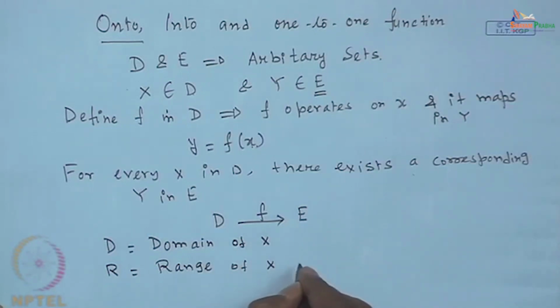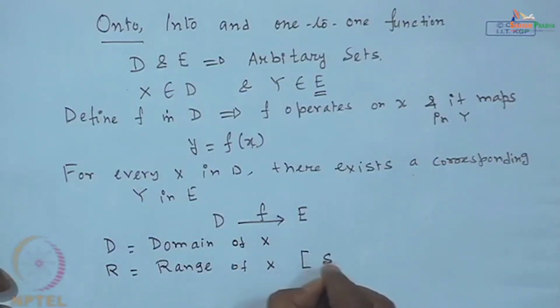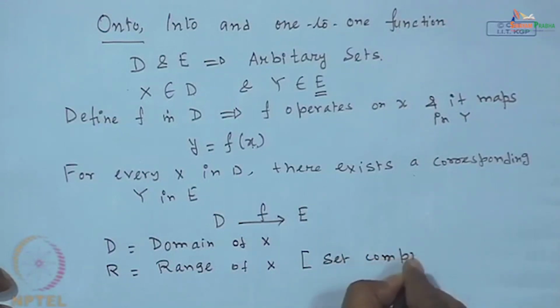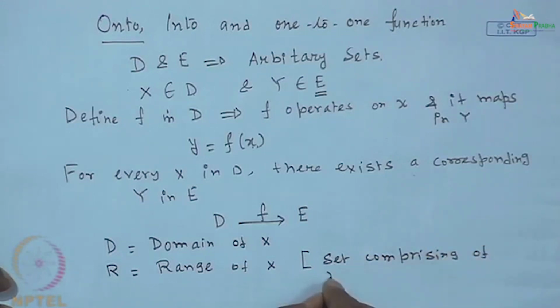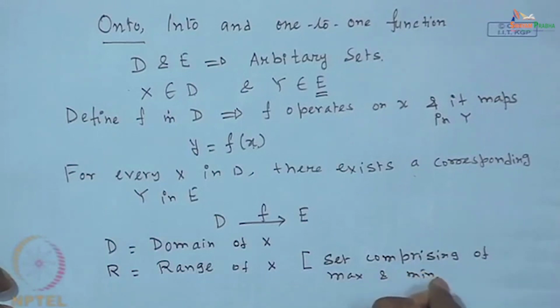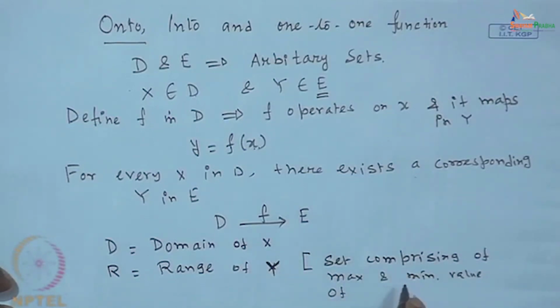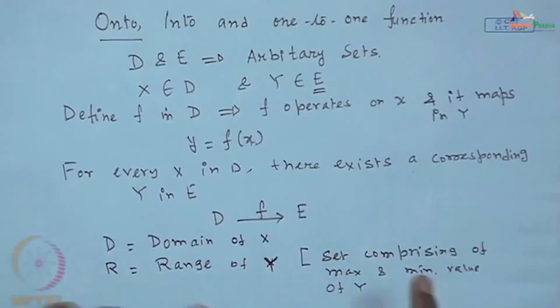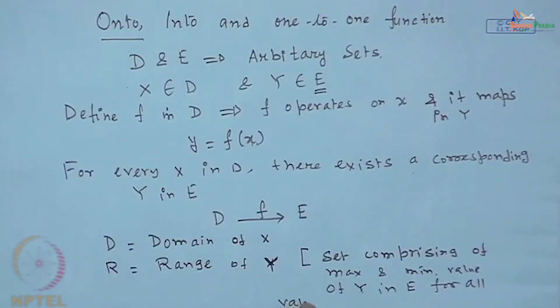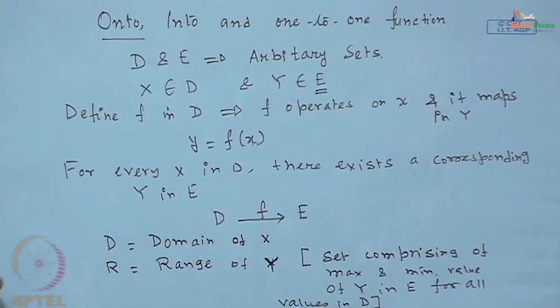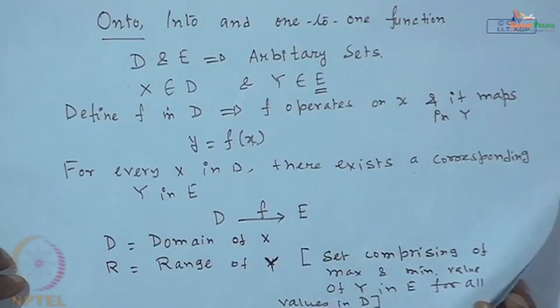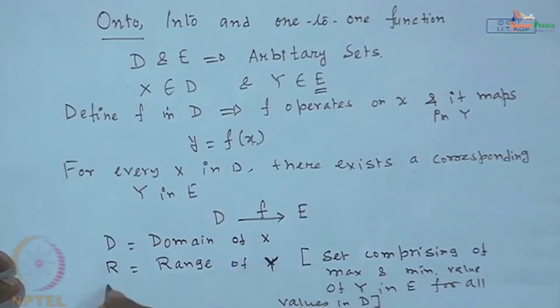R gives a set comprising of the maximum and minimum value of y in E for all values in D. So, that gives the range of y, and next we look into the relationship of this set R and the set E, because both are in the y domain now.